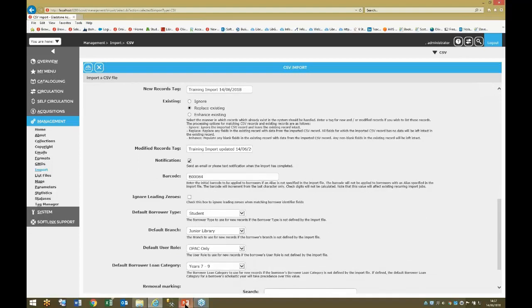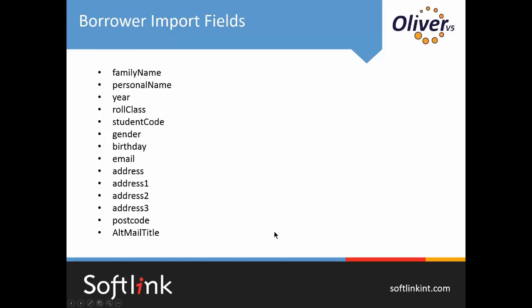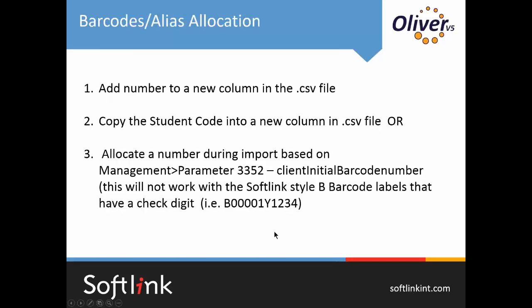Now I'm just going to go to my presentation again, because I haven't mentioned this yet about allocating the alias or the barcodes. In the file that I have attached as a handout, I talk about using, let's say, the admissions number as the alias or the barcode for the borrower.